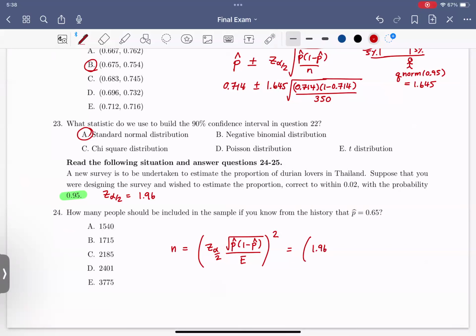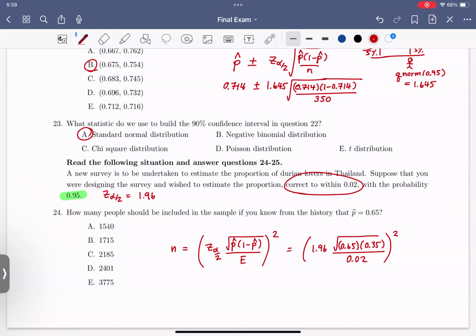1.96, and then that p hat is gonna be 0.65, and 1 minus p hat is gonna be 0.35, and then over e, which is the error, correct within 0.02, and then you square it. All right, we're gonna do it here. So it's 1.96 times square root of 0.65 times 0.35, and then over 0.02.